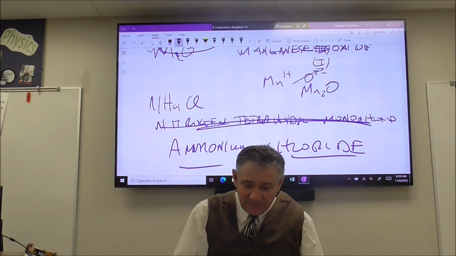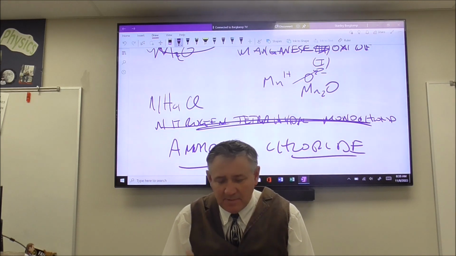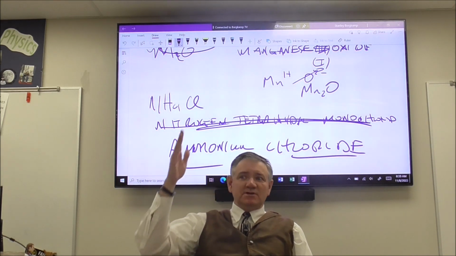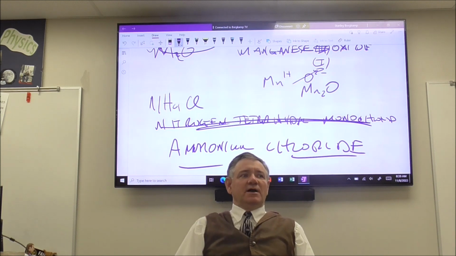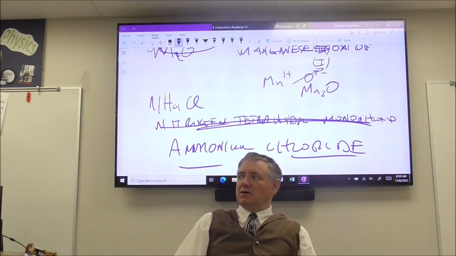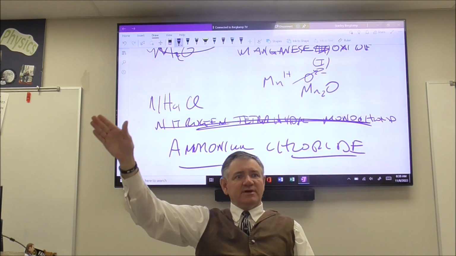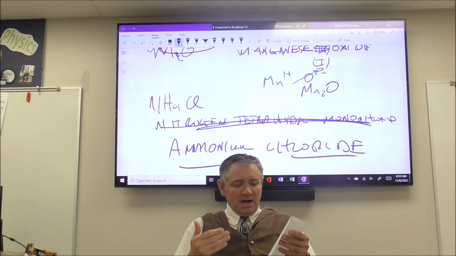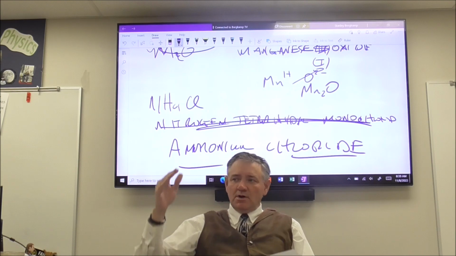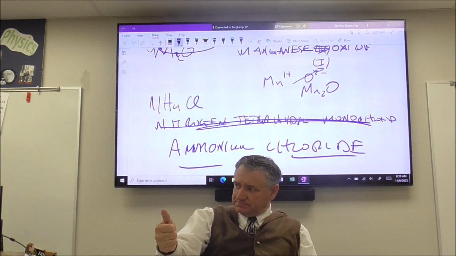But for example, this first one is magnesium sulfate. You have to know sulfate, boom, SO4 2 minus. Magnesium is 2 plus, sulfate is 2 minus. It's just MgSO4.